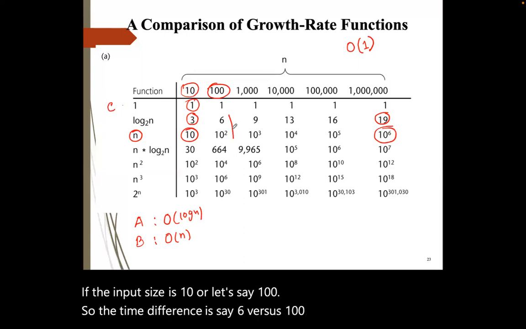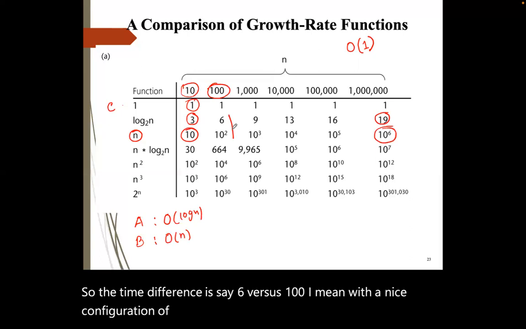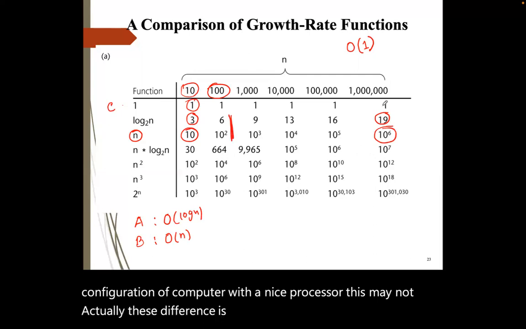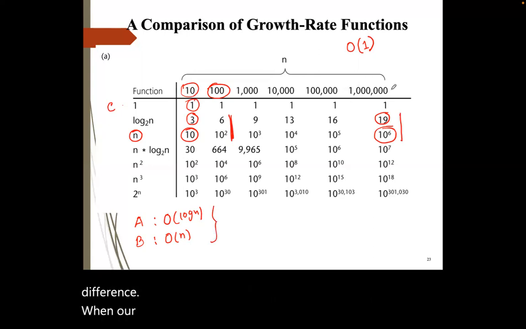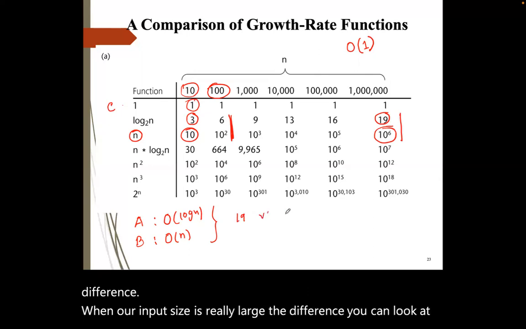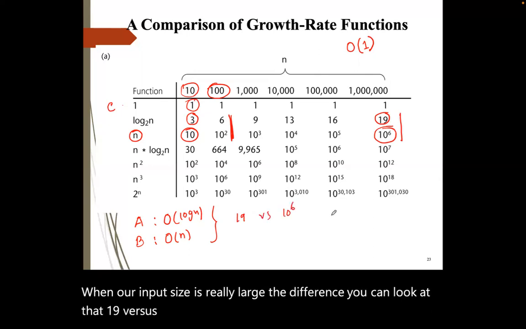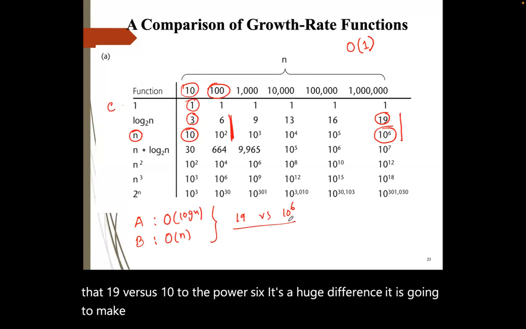With a nice computer and a nice processor, this difference is not significant. But now look at this difference when our input size is really large: 19 versus 10 to the power 6. It's a huge difference. It is going to make a huge difference.